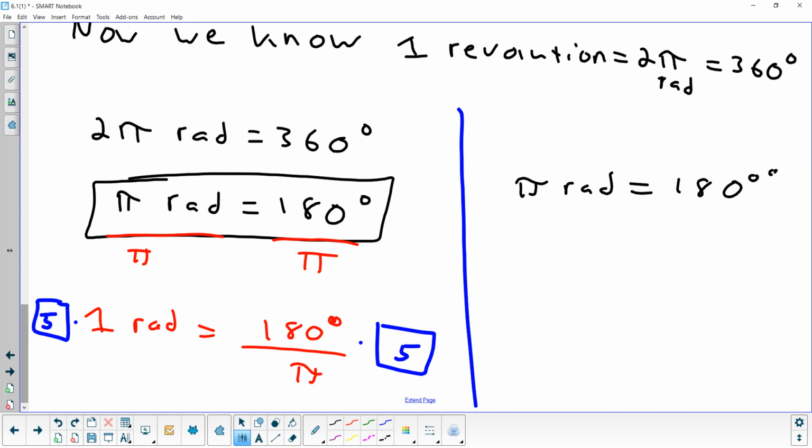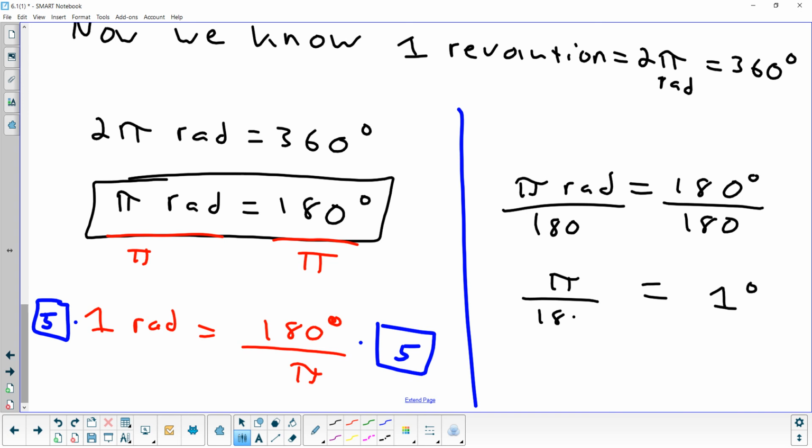How could I get a 1 on the right? Yeah. Divide each side by 180. So now I have 1 degree equals pi over 180 radians.